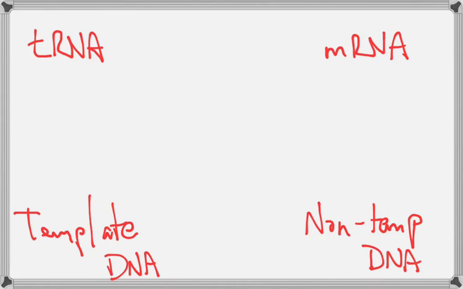Good. And that's, you said it made mRNA? Yep. So this top strand here would be our mRNA. In other words, let's go back to this. What we've just modeled is the relationship between template DNA and RNA.